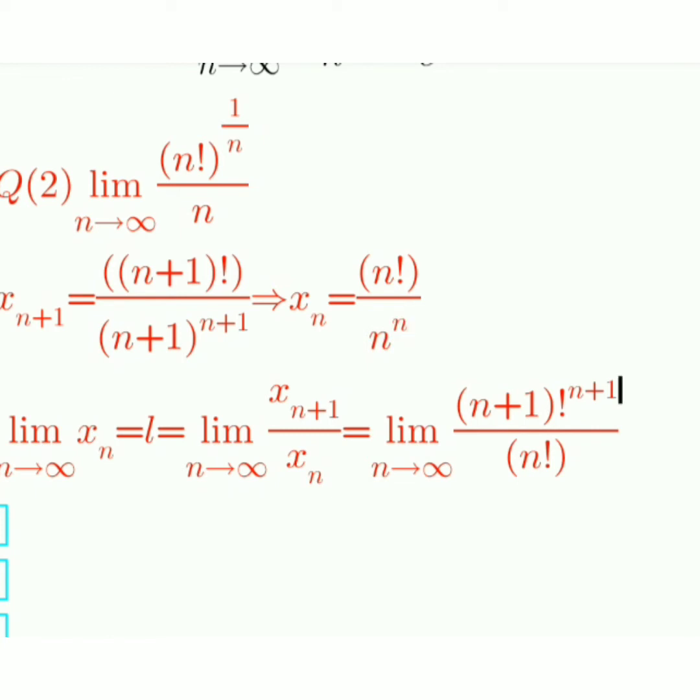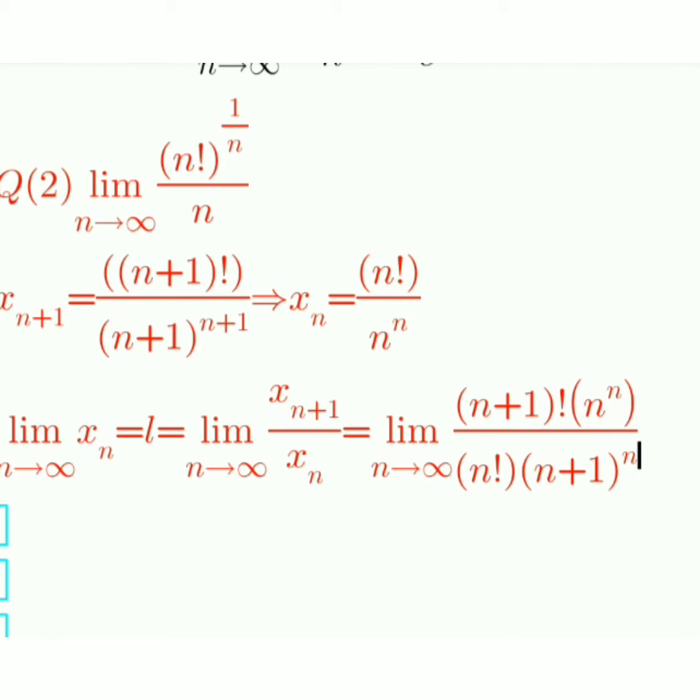Then n factorial, (n plus 1) whole factorial, and (n plus 1) whole to the power n, and n to the power n, and (n plus 1) whole to the power n.